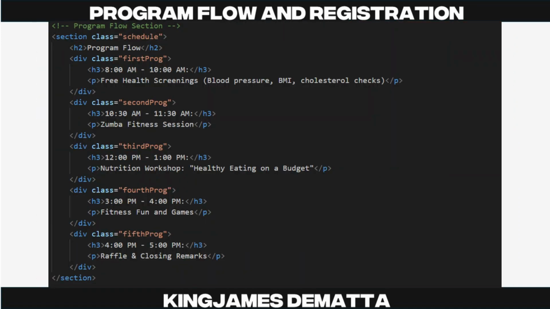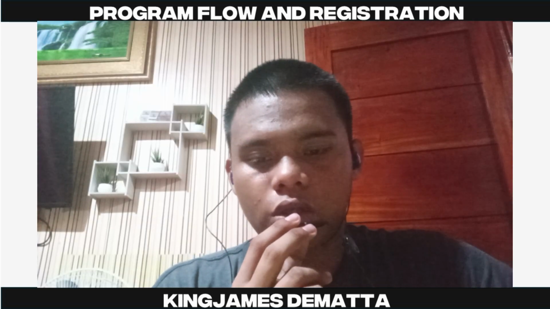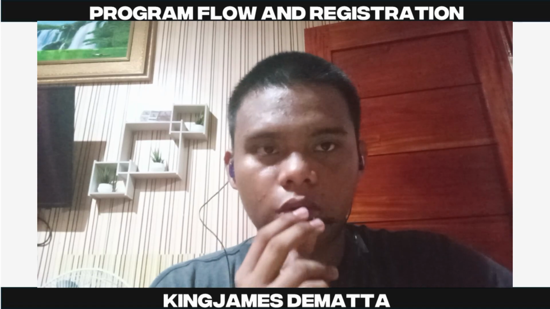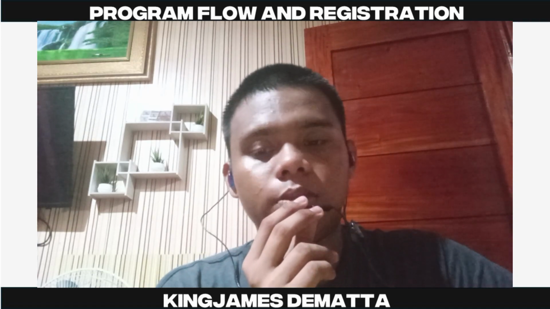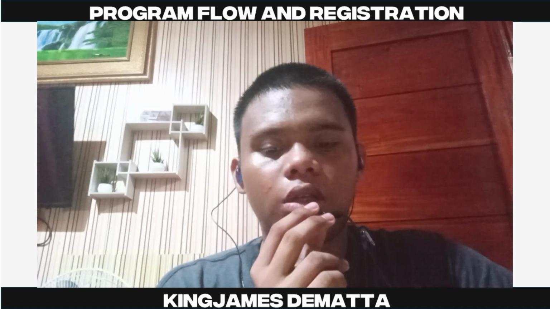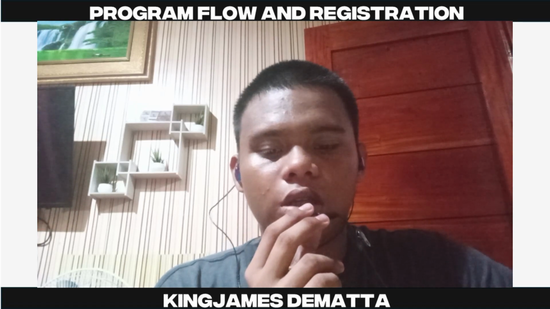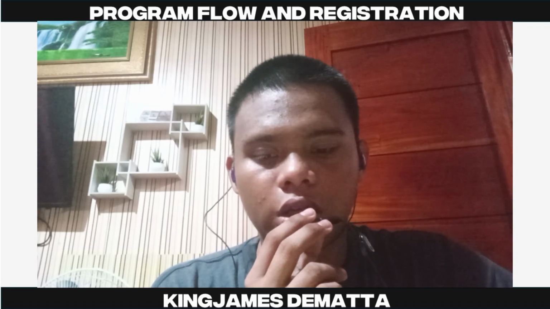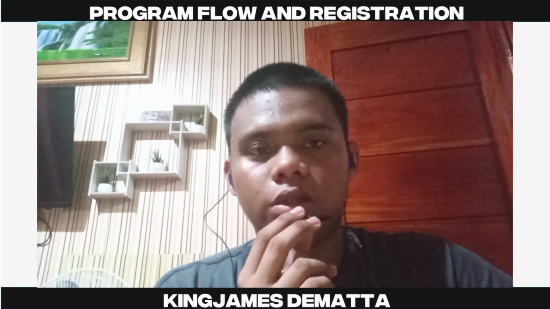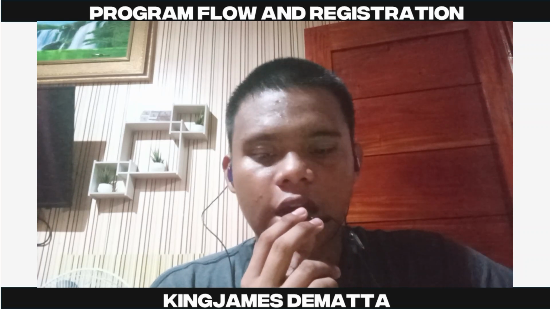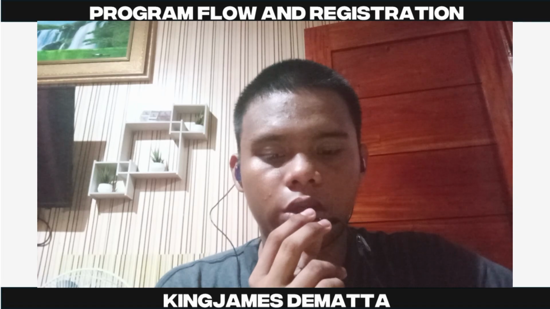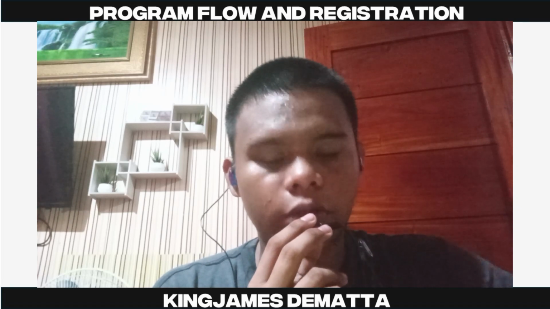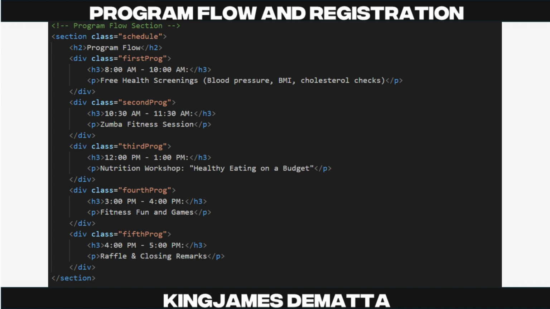Greetings everyone. For the program flow section, we use section class equals schedule, and we have used H2 for the heading program flow, and we have the division class for the first prog that is set to be 8 to 10 for the free health screening, and another div class for the second prog, 10:30 to 11:30 for the Zumba, another division class for the third prog, nutrition workshop 12 to 1, and another division class again for the fourth prog, 3 to 4 fitness and fun and games, another div class for the fifth prog, and that is 4 to 5 raffle and closing remarks.